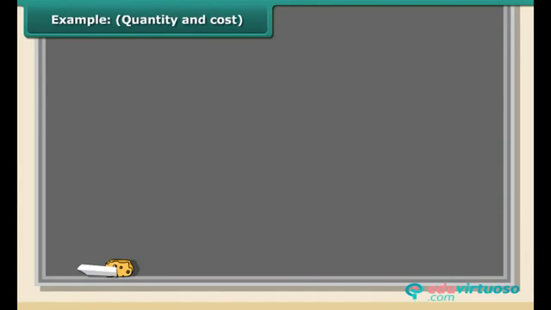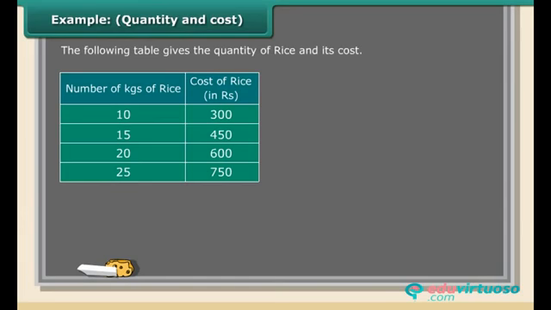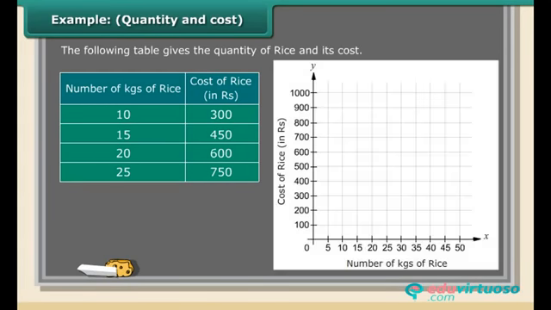Example: quantity and cost. The following table gives the quantity of rice and its cost. Plot a graph to show the data. 1. Mark the number of kgs of rice on the x-axis, the horizontal axis, with 1 unit equal to 5 kgs. 2.